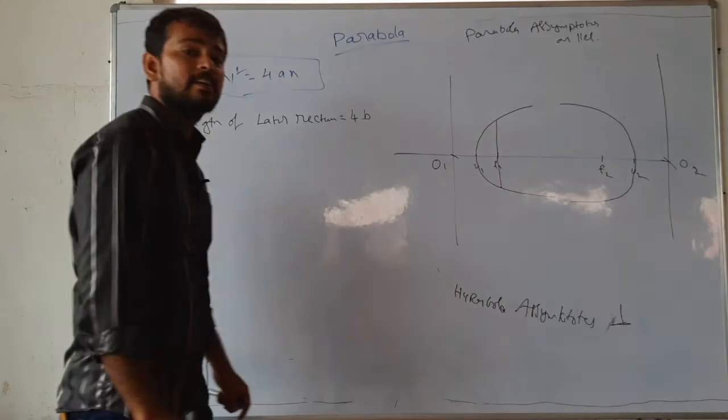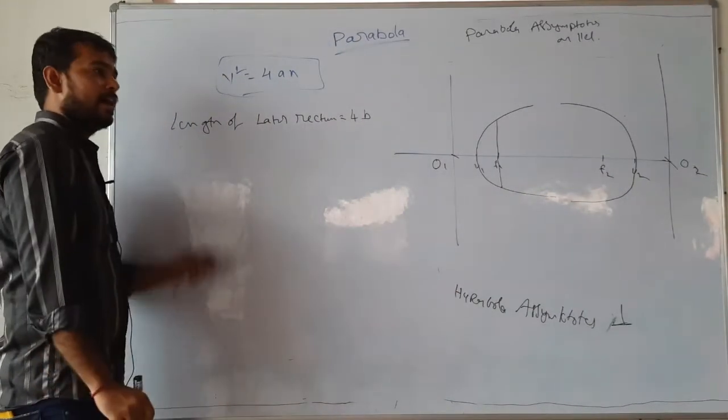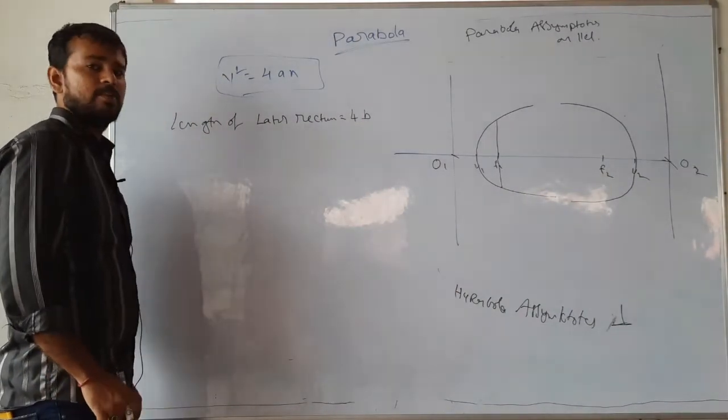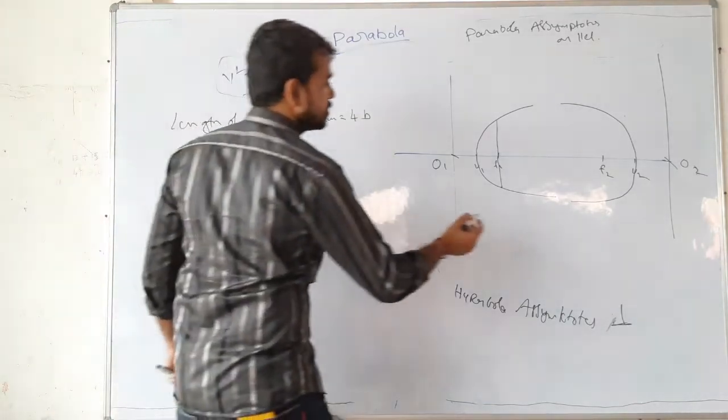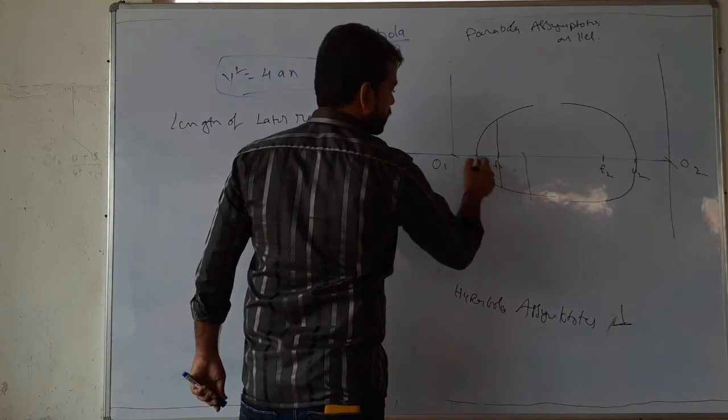That means 90 degrees inclination will be there. Okay, and in parabola we have several methods. Apart from this you have so many things, and this is called abscissa.